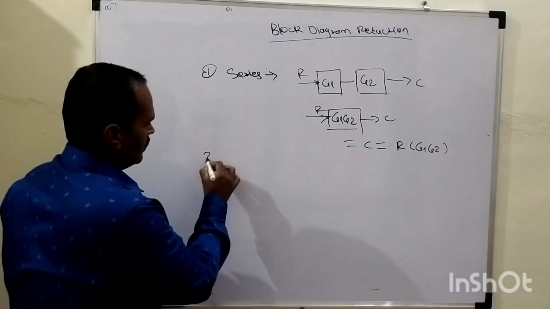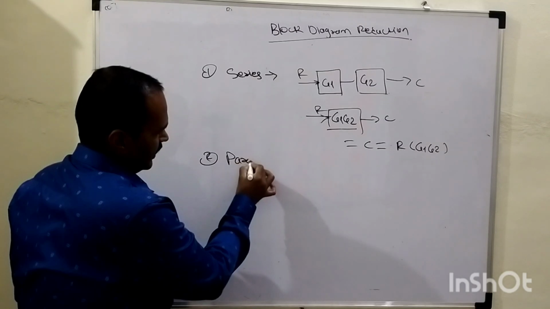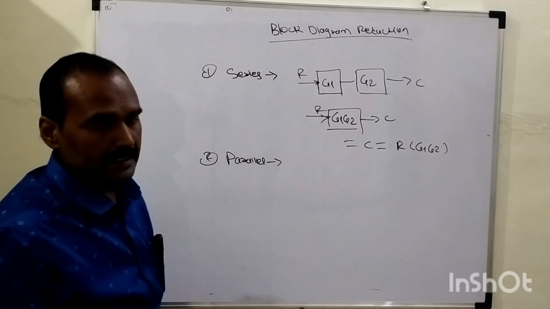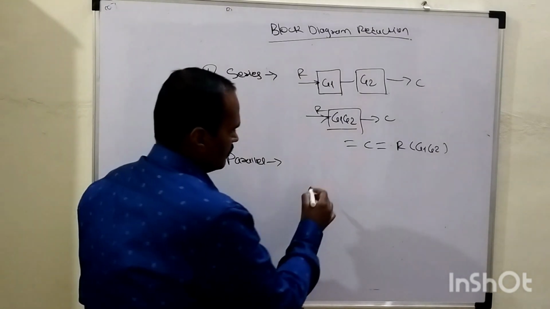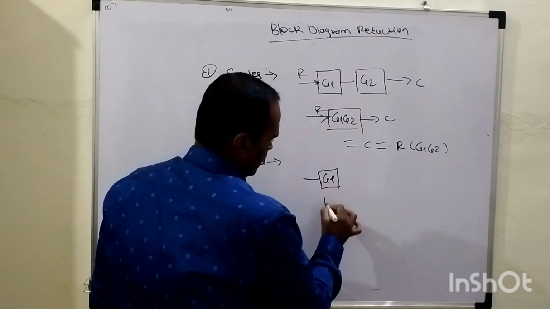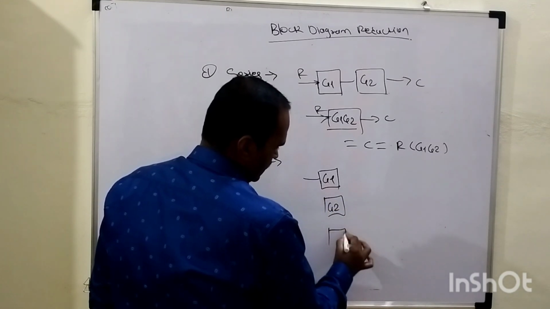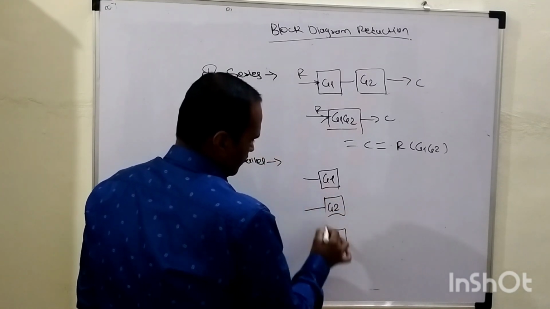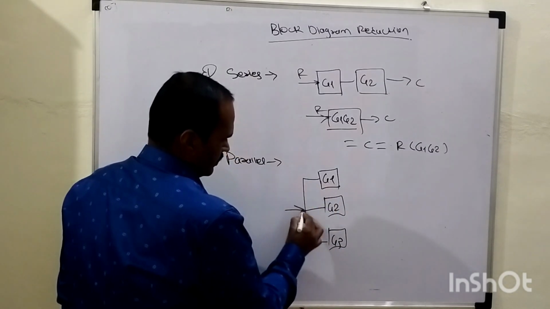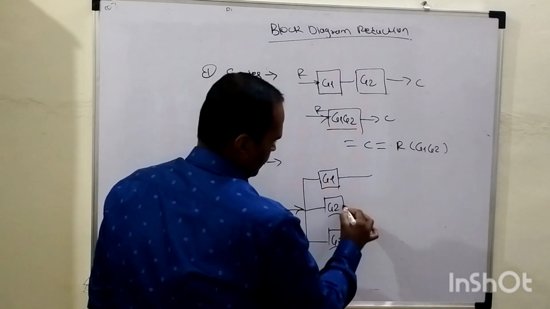Similarly, rule number 2 is whenever the blocks are connected in parallel form, we have the influence of the summing point. Suppose these blocks are G1, G2, and G3, and the same input R is given to each block.